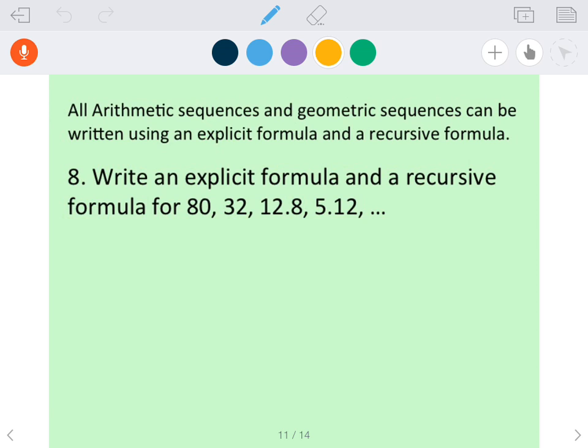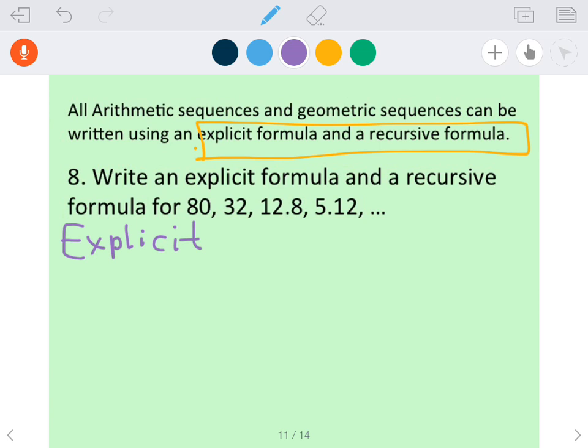All arithmetic sequences and geometric sequences can be written using an explicit formula and a recursive formula. Number 8, write an explicit formula and a recursive formula for the following numbers. The explicit formula would look like this.